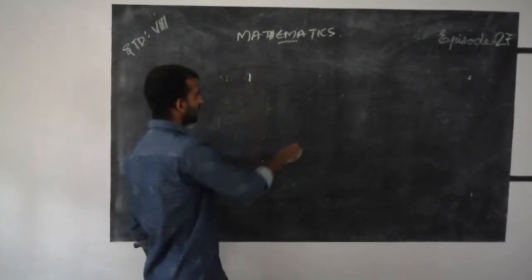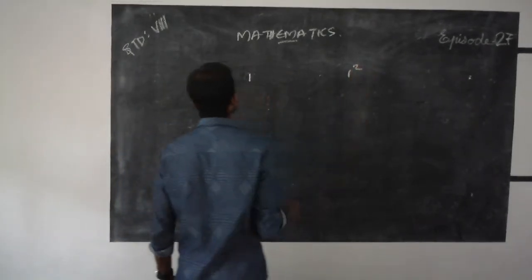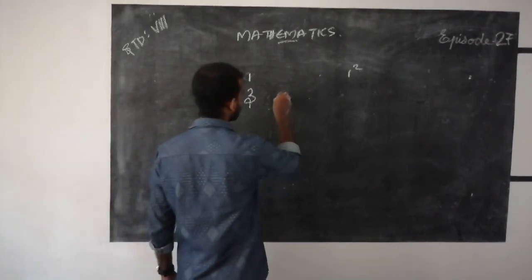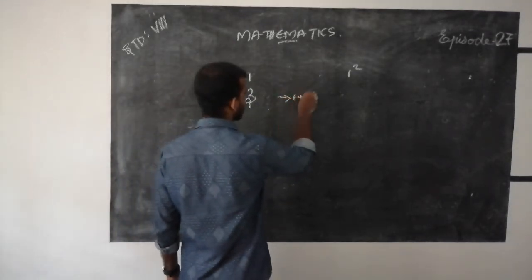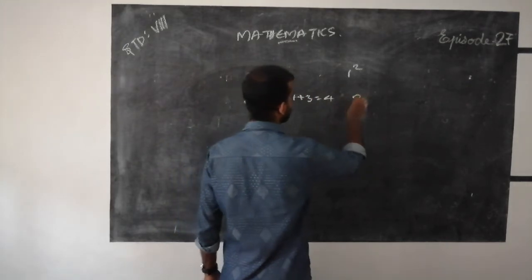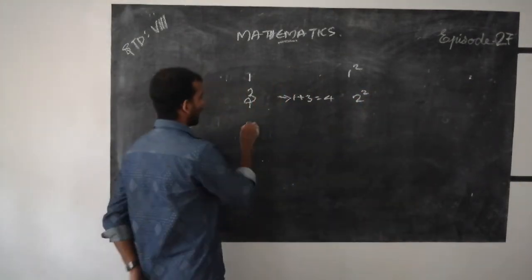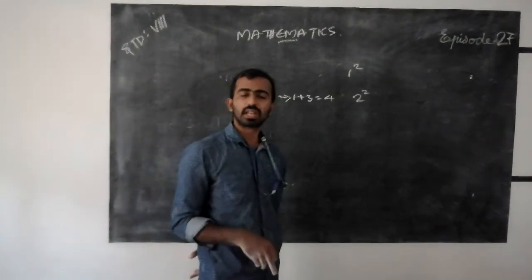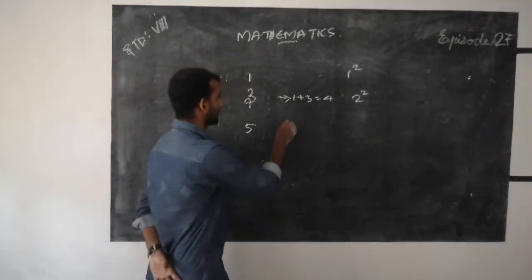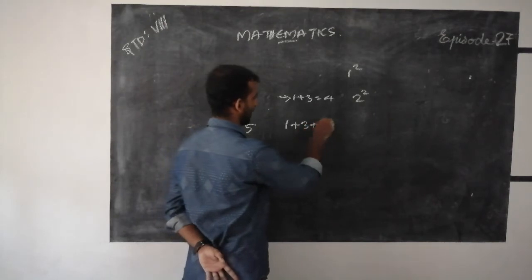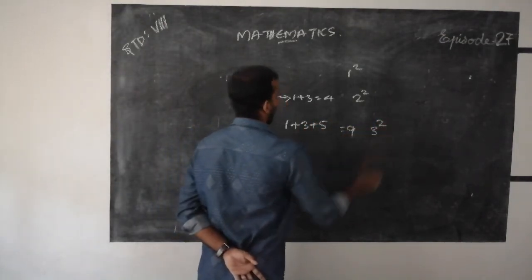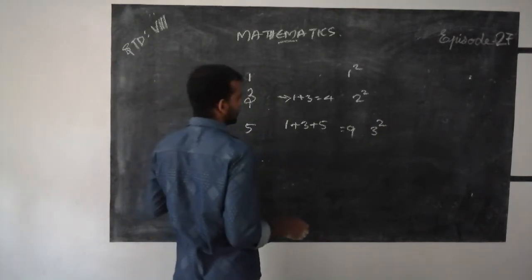The first odd number is 1, that is 1 square. The second odd number is 3. When we add 1 plus 3, we get 4, that is 2 square. Next 5. When we add 1 plus 3 plus 5, we get 9, that is 3 square.